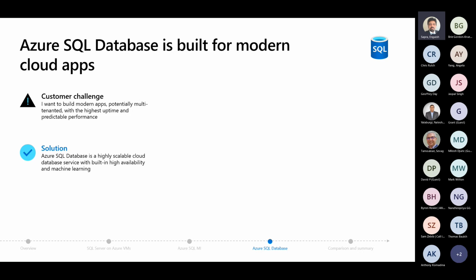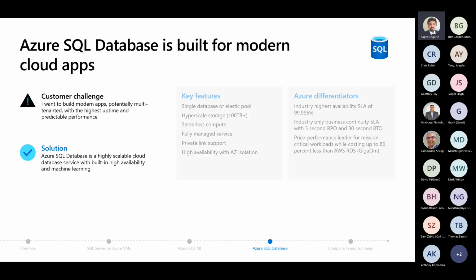So if you know how to develop applications with SQL Server or .NET or .NET Framework, then you already have many of the skills required to build cloud applications on Azure. And that's something that you can always explore, and Azure SQL becomes the obvious choice for some of these applications.